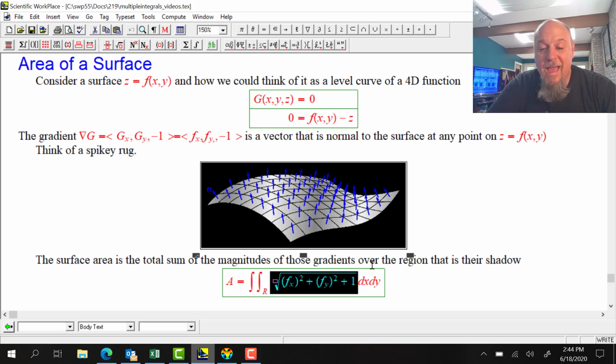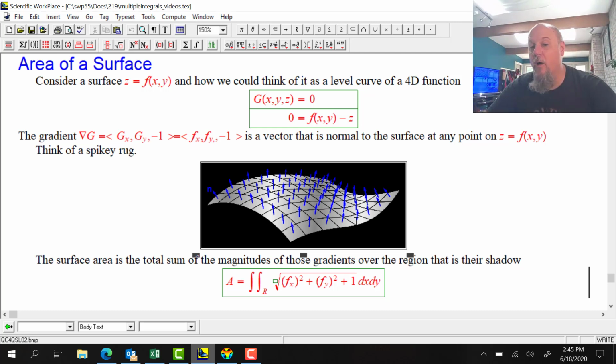We want to know the magnitude of that normal vector summed up over little dA, these little rectangles, but really they're shadows, so a little change in x and a little change in y. And we're integrating it over R, where R is the shadow that this surface makes on the xy plane.